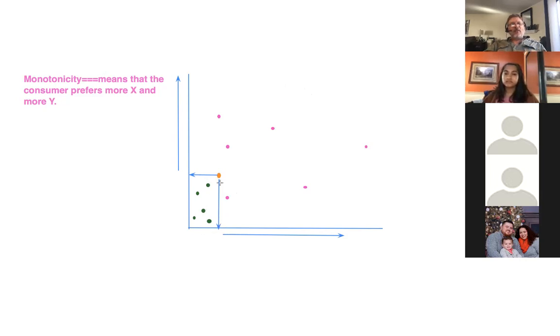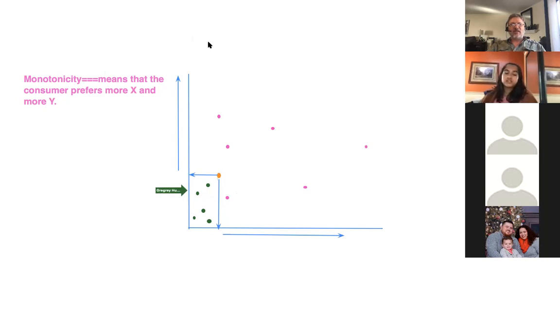But what about this little dot over here? Well, this pink dot, it's got more X, but less Y. So we don't know how the consumer would feel about that one, right?